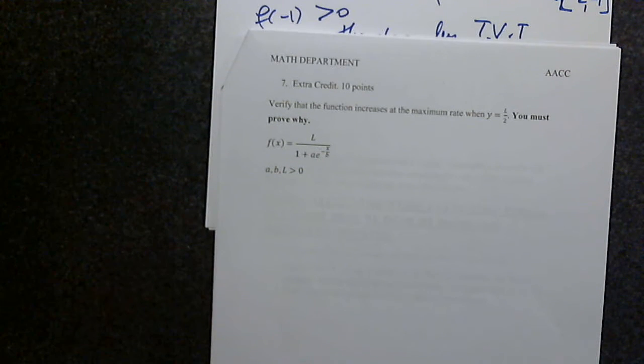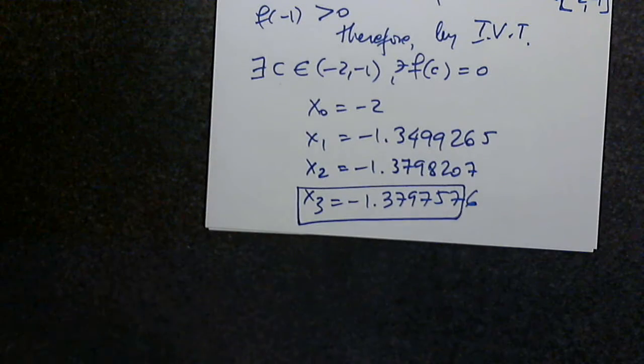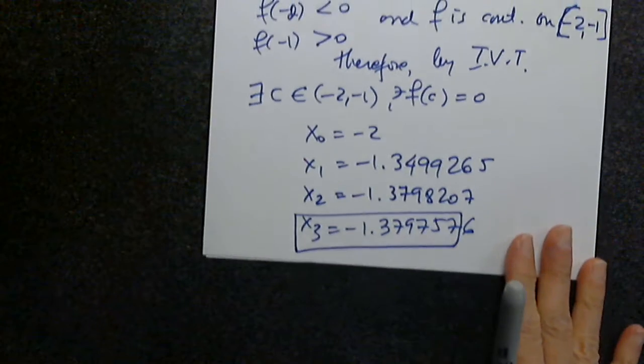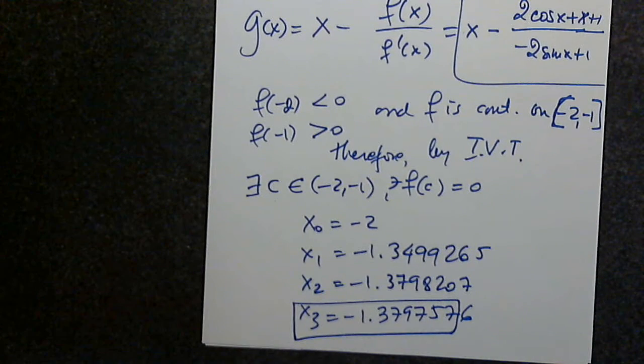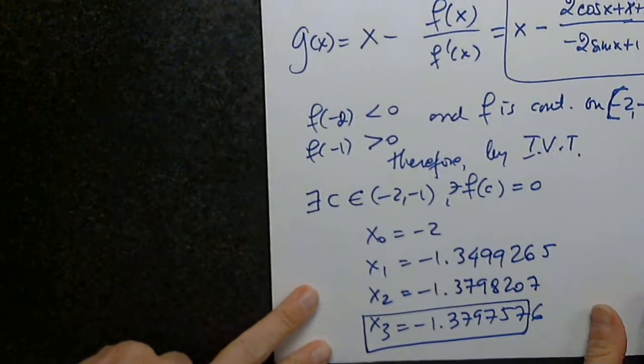Okay, so let's, yes, please. Go ahead. Can I just work this thing? Okay, so we have a function. Let's copy it. We are told that lowercase a, lowercase b, and uppercase L are all positive numbers. So you don't have to worry about those.